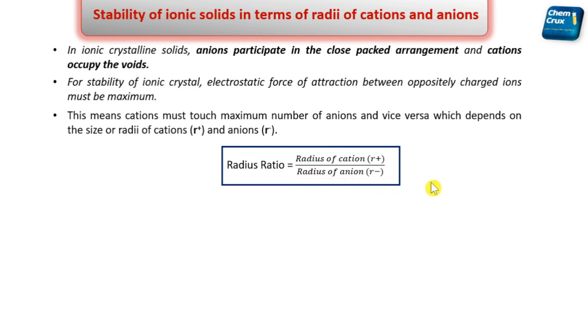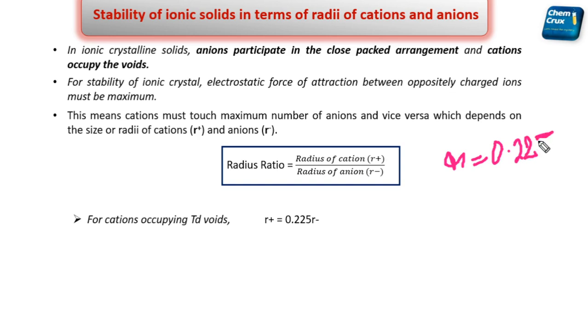Now for cations to occupy tetrahedral voids, this should be the condition. We know that the radius of a tetrahedral void is equal to 0.225 R, right? In this case the cations occupy the tetrahedral voids, so the radius of the cation must be equal to the radius of the tetrahedral void, and the anions form the closed packed arrangement, so the radius of the anion must be equal to the radius of the sphere.